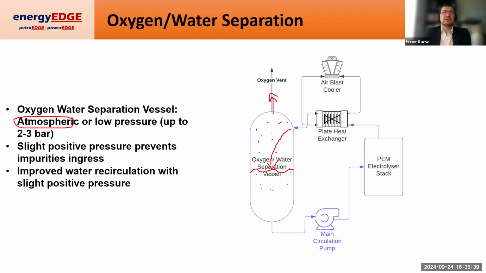You don't want to go very high with this pressure, but you'll achieve a few things if you don't have the oxygen water separation vessel open to the atmosphere. One of the things you'll achieve is that it prevents the ingress of impurities. And you will also have a slightly better recirculation with a slight positive pressure.